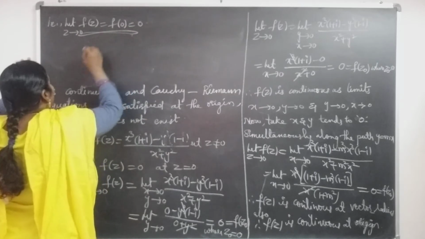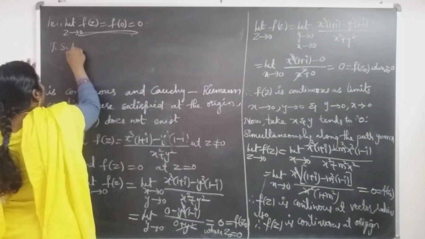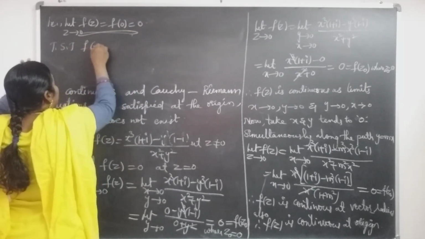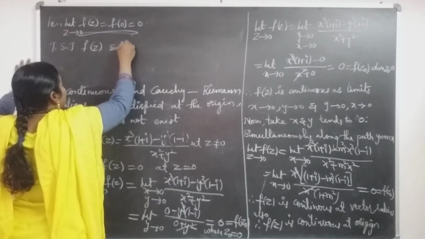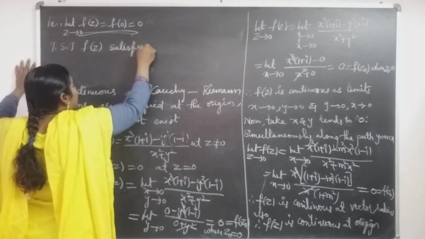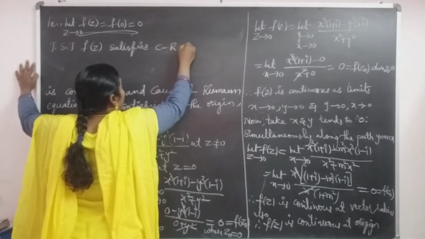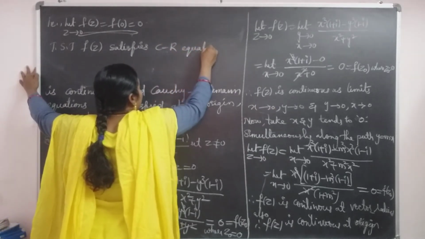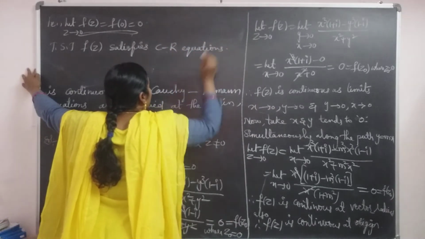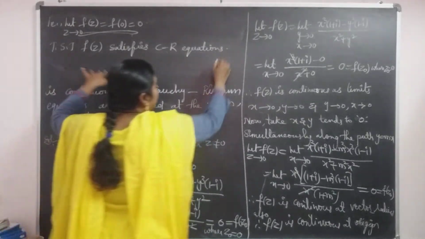Next we can prove, to show that f of z satisfies Cauchy Riemann equations at origin.